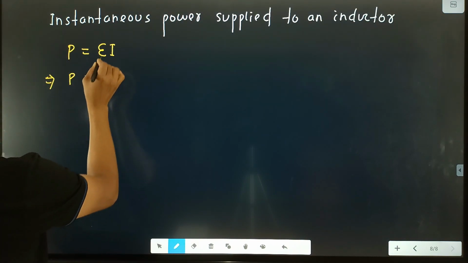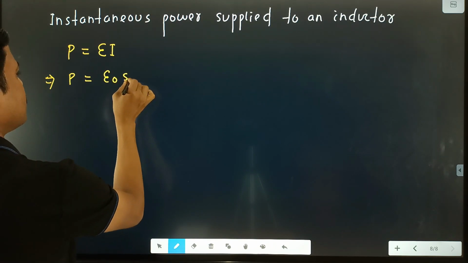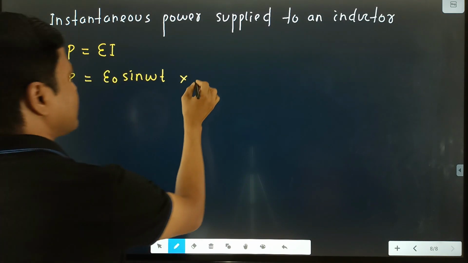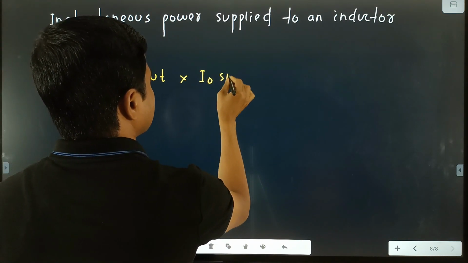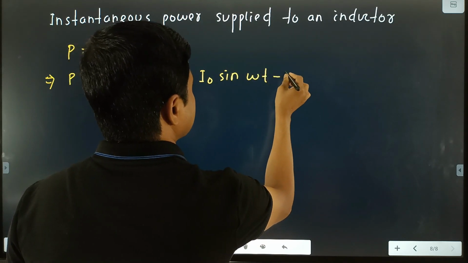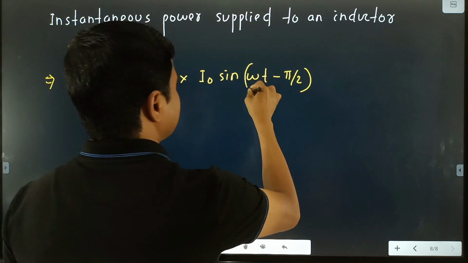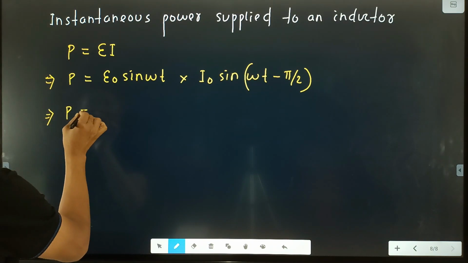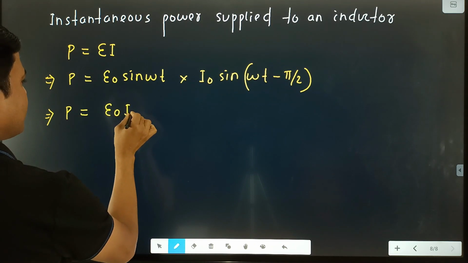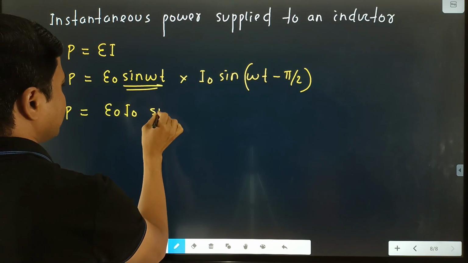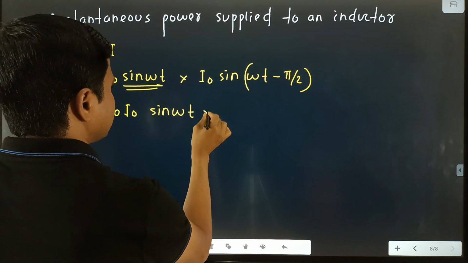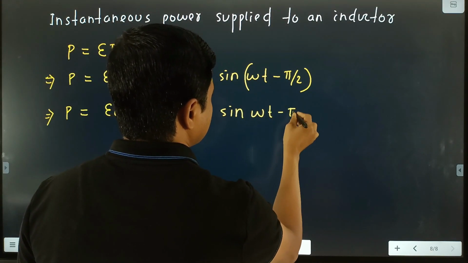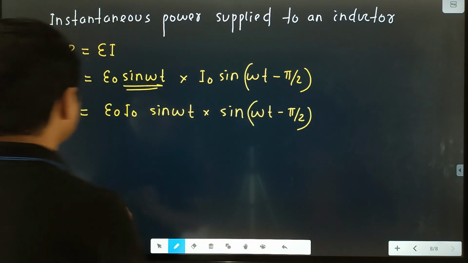So P is equal to E, which is E0 sin omega t, multiplied by the equation for current, I equals I0 sin(omega t minus pi by 2). That implies P equals E0 I0 multiplied by sin omega t into sin(omega t minus pi by 2).